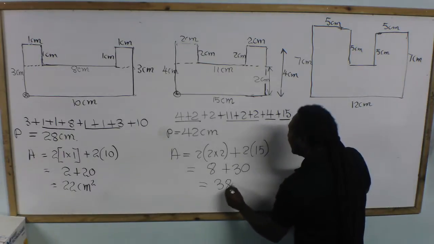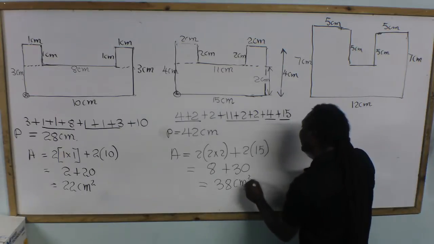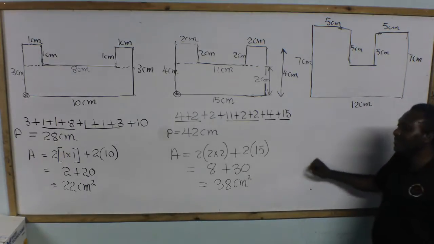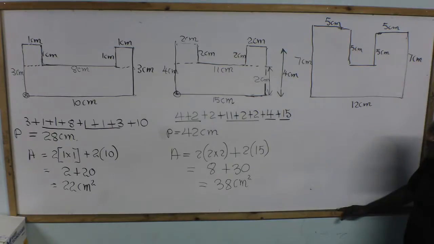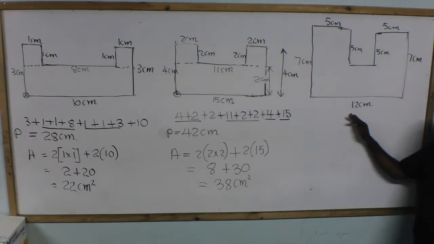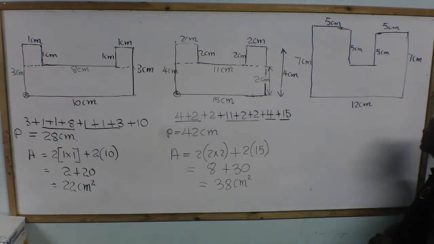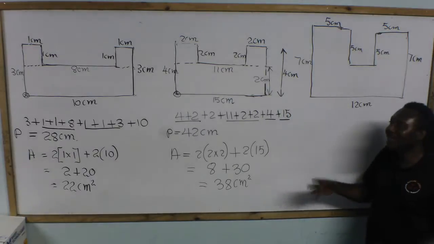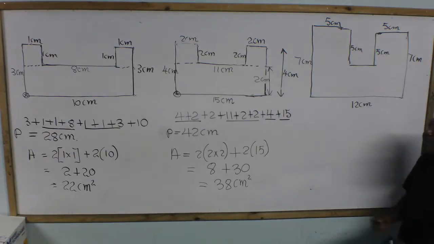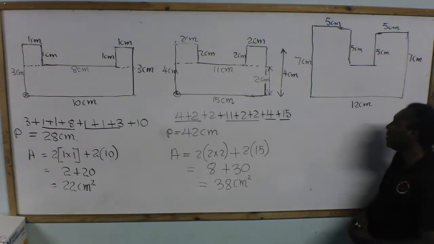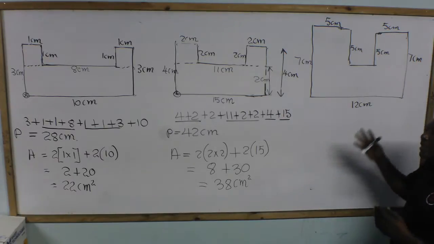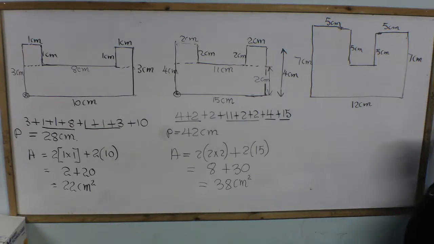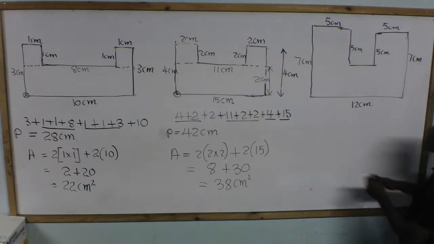So we have 38 square centimeters, or so we say centimeters square. Right here we have another one, and we cannot just assume the diagram is drawn to scale. So it is not drawn to scale, but the calculations can be correctly made.